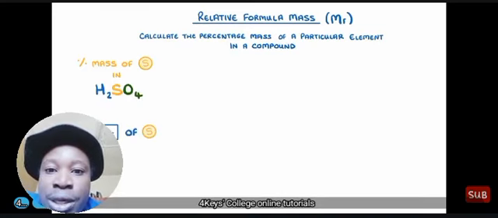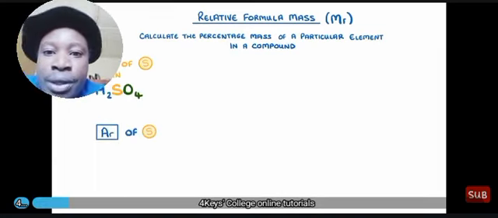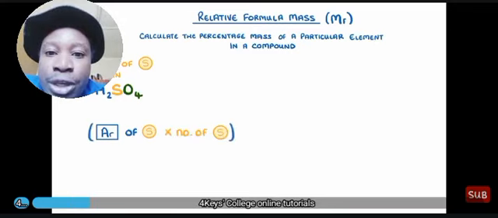So you must have your formula with you so that you can observe the number of atoms of sulfur that are in your formula. You also need the AR of sulfur. So what we have to do there is to say the AR of sulfur multiplied by the number of sulfur atoms in our formula.